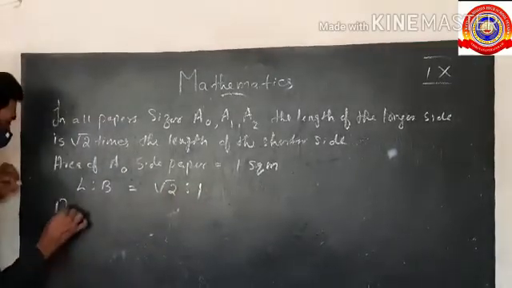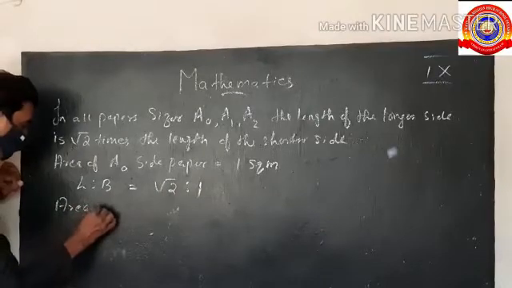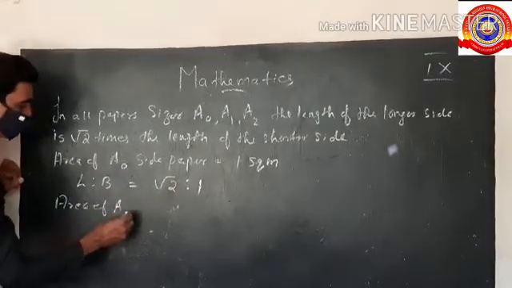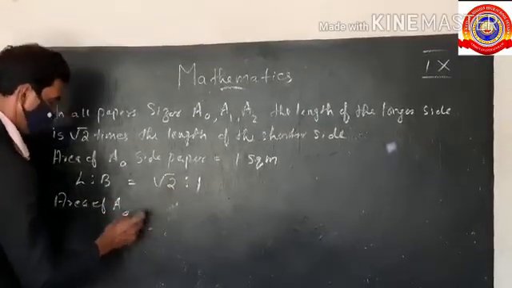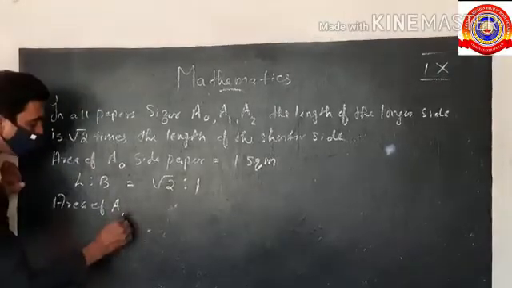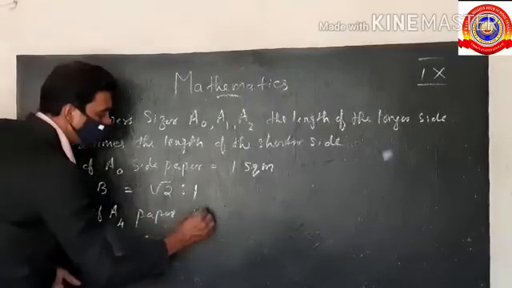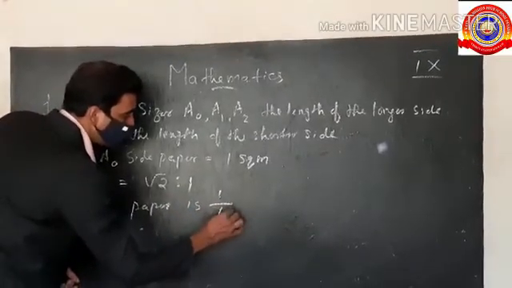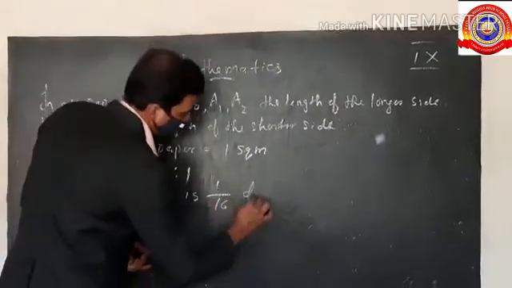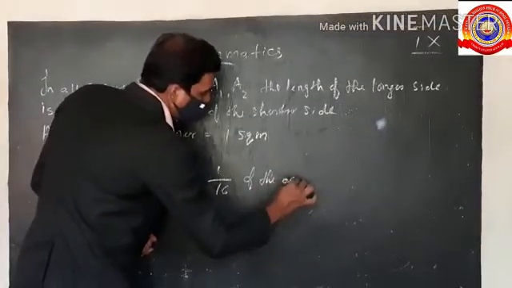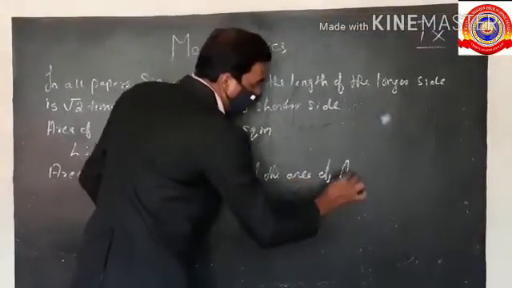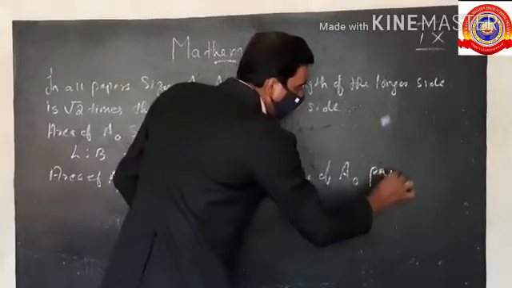Area of A4 size paper is 1 by 16 of the area of A0 size paper.